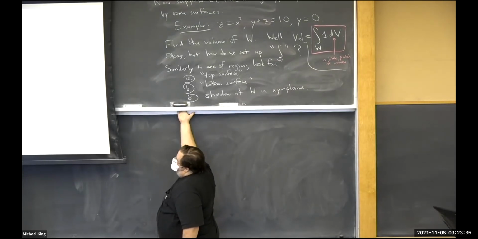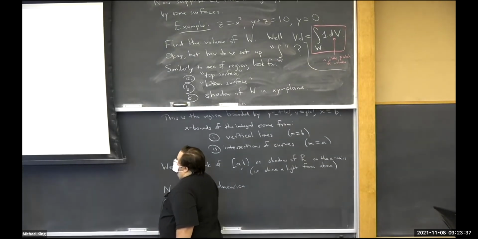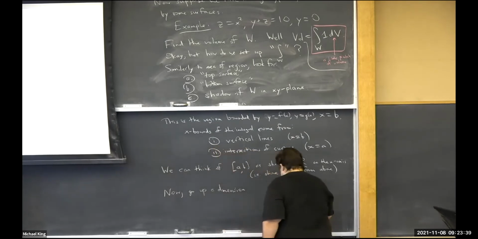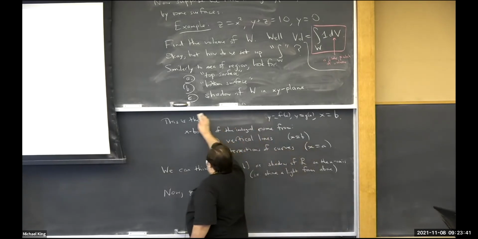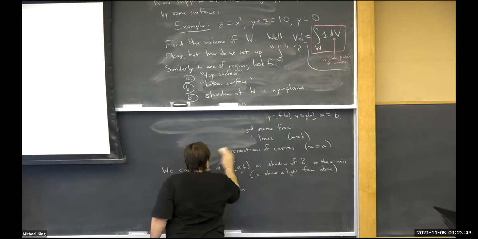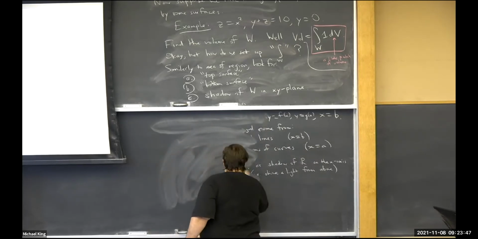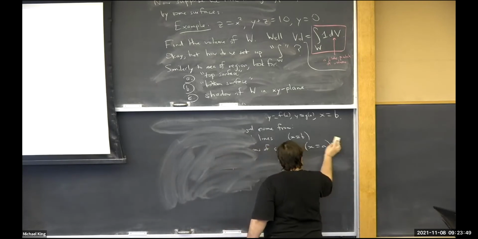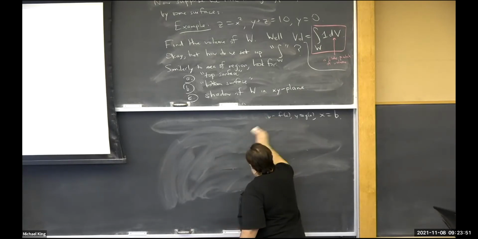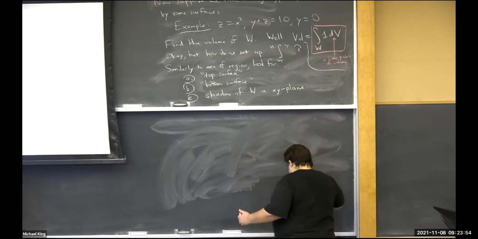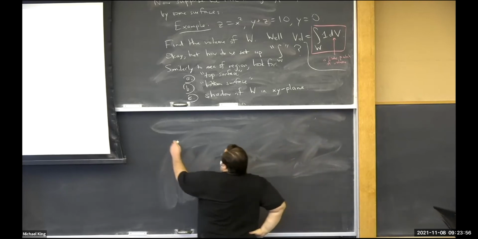And so if we find all that, then we have something like what's on the handout: you do the integral over the shadow as an outside double integral, and then inside you integrate from the bottom to the top. So let me write this in general, and then we can look at this example.